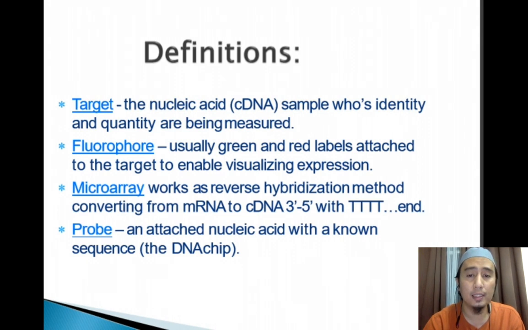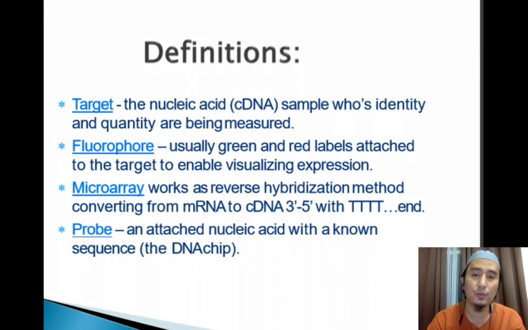Fluorophore is usually a green or red label attached to the target to enable visualizing expression. It means that if you have the target, the target should be in a cDNA form, and the cDNA sample will be attached with the fluorophore, basically either green or red.